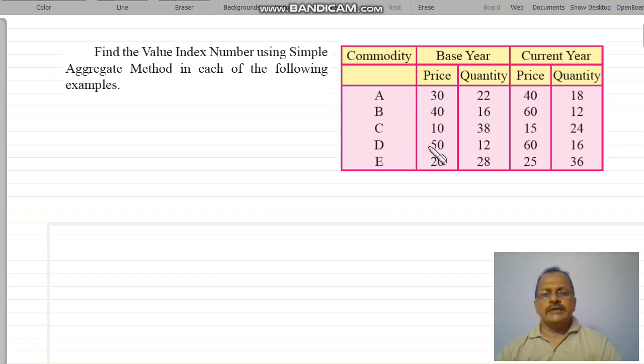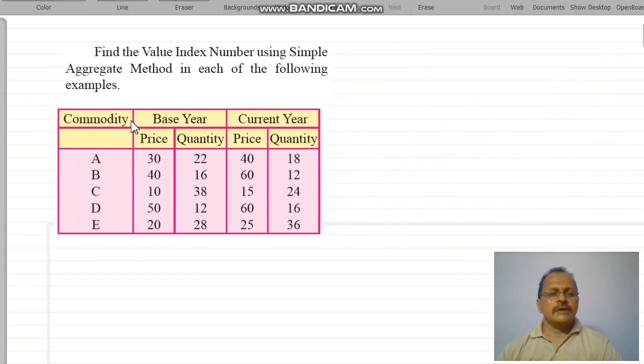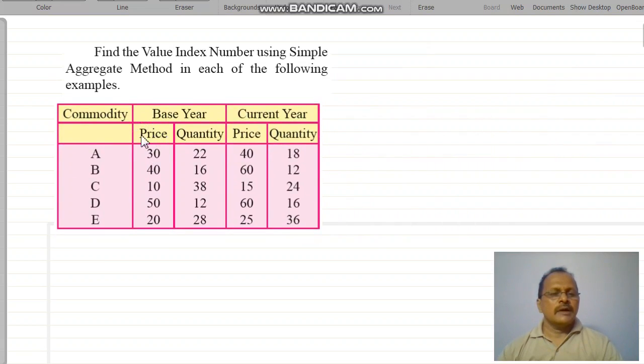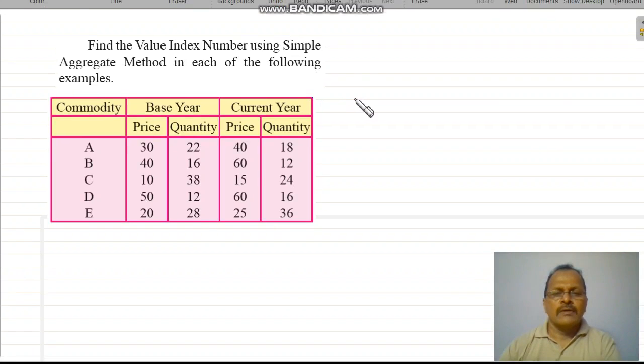I will extend this table. I will take this table here and I will extend the same table. Just 2 more columns. One column for the P0 Q0 and other column for P1 Q1.